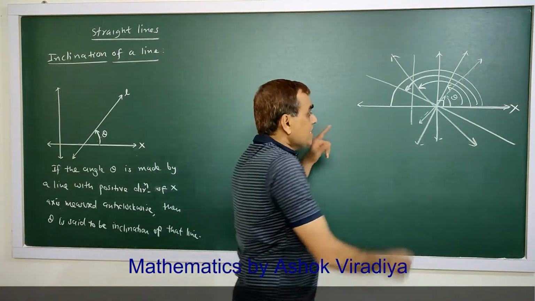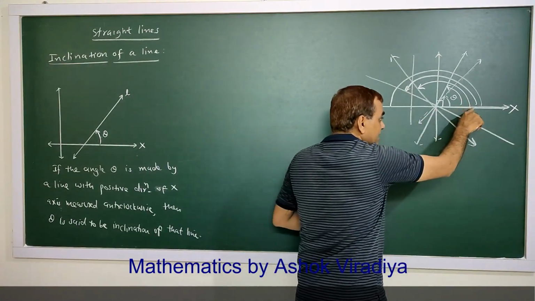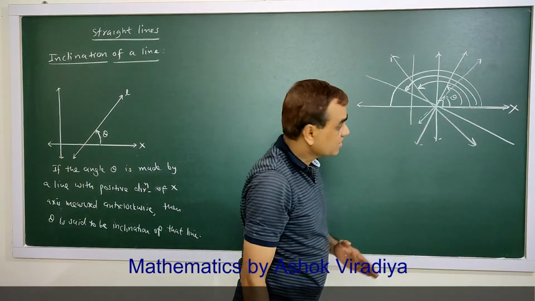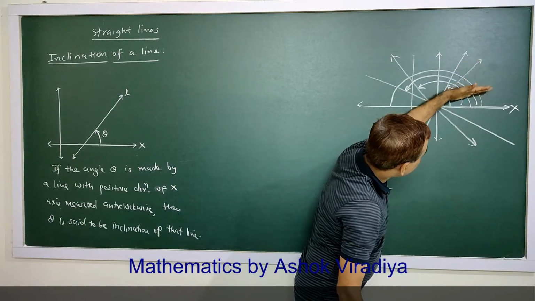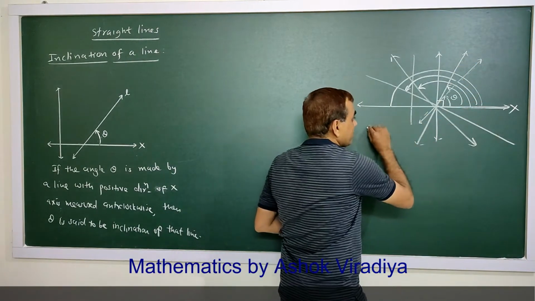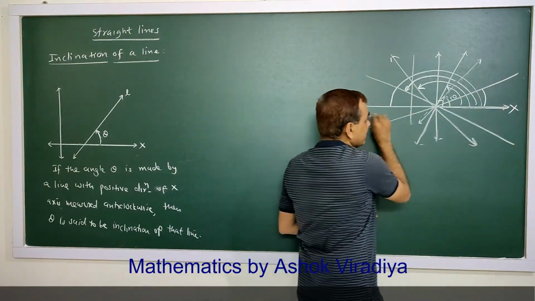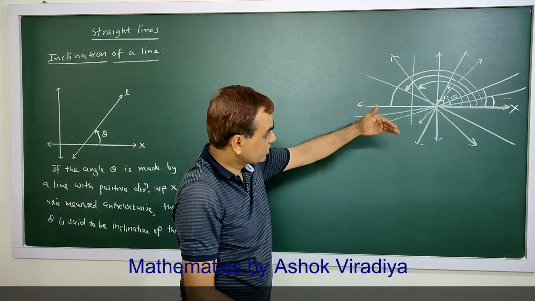Or we can say, if the line is overlapping the x-axis, here theta is 0 degrees, because when I take this line in clockwise direction, down towards the x-axis, look here, theta is decreasing, going towards 0.